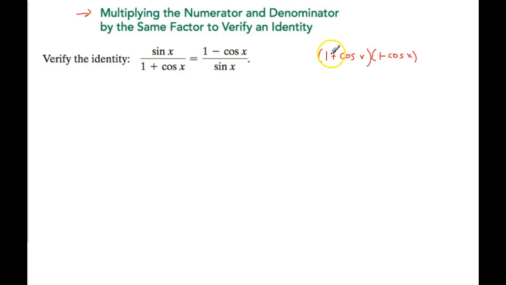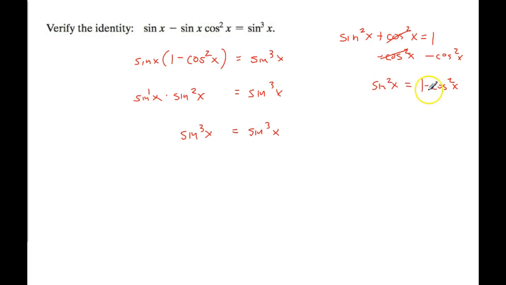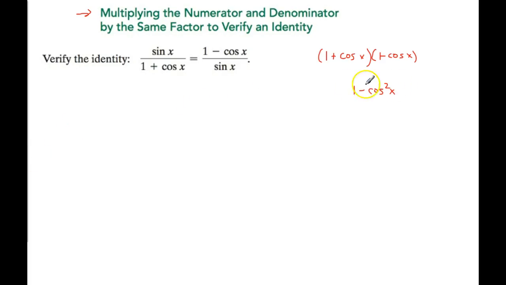You get 1 times 1 is 1, and then you'll get a minus these two multiplied together, which is cosine squared x. And as we just saw a little bit ago, sine squared is 1 minus cosine squared x. So I'll be able to bring a sine squared in on that denominator.